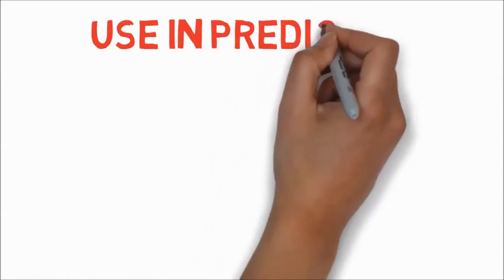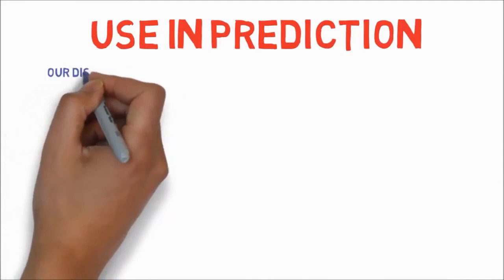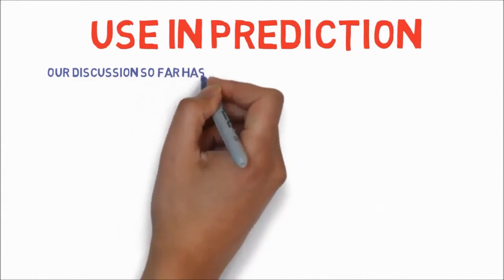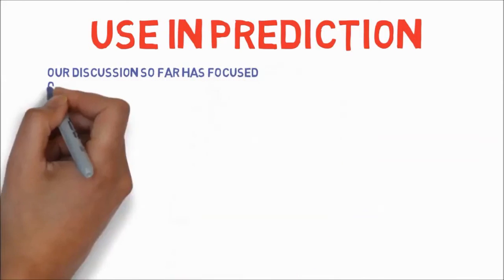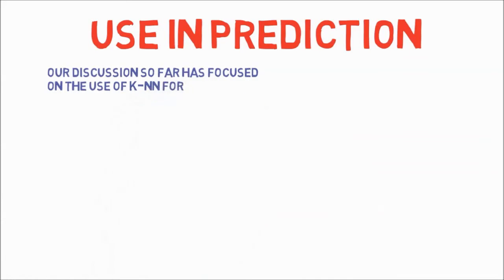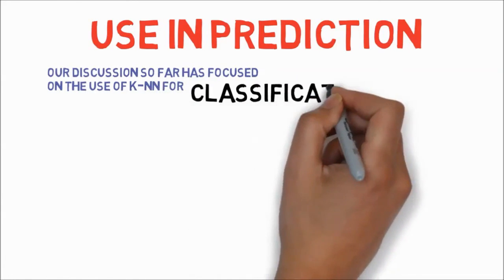Now, till now we've been talking about k-nearest neighbors as a classification algorithm, but we could use it as well to predict something about the new instance, some particular measure or value.